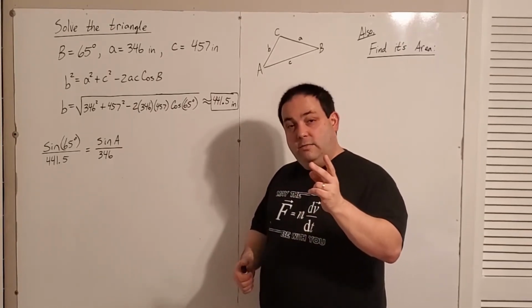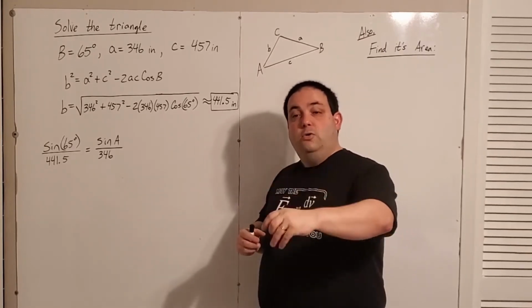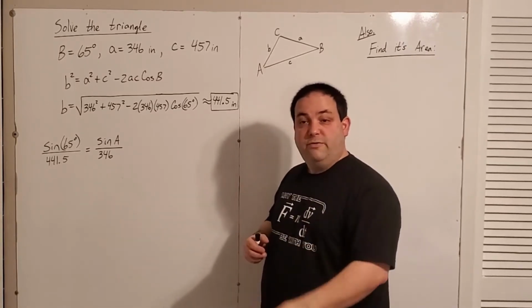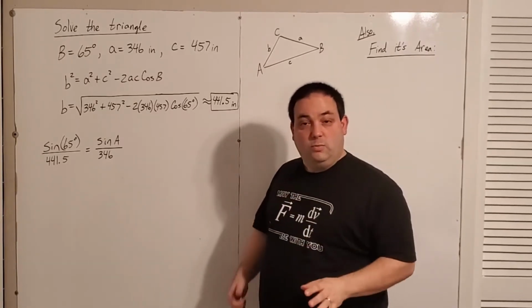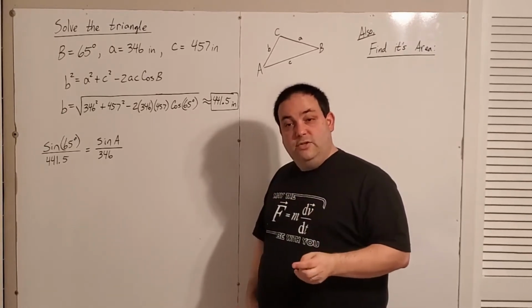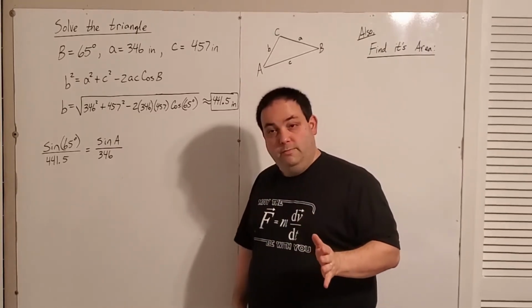You can't get double answers when you're doing a law of cosines, because cosine would be positive or negative, so the only possibilities in cosine that you'll get is either one or the other, not both, okay?